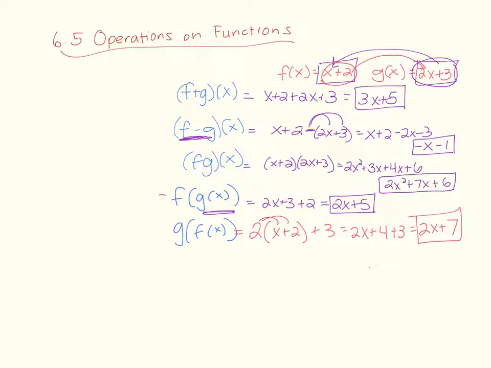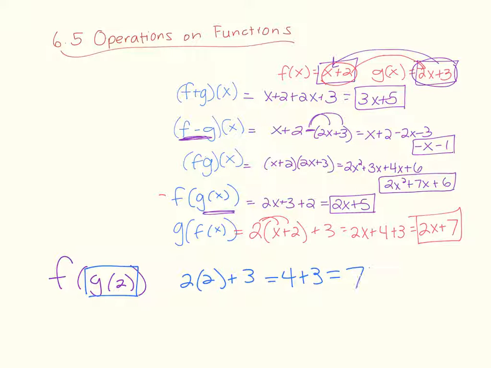Correct. And then the last kind was if you had something like f of g of 2. So this time you're taking the value of 2 and plugging it into which function first? g. So I'm going to find g of 2 first, which would be 2 times 2 plus 3, or 4 plus 3, which is 7.